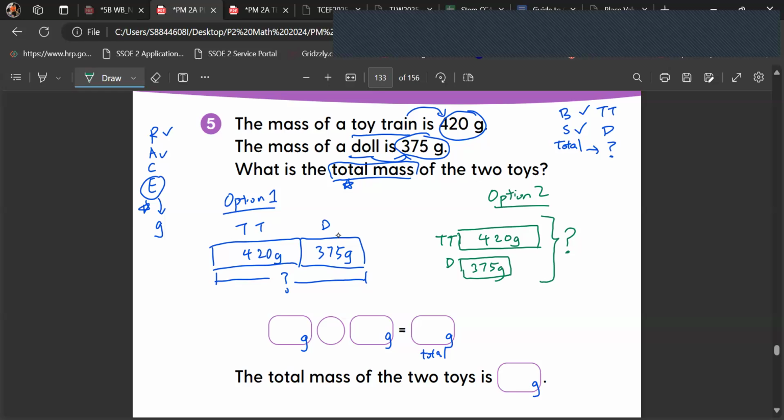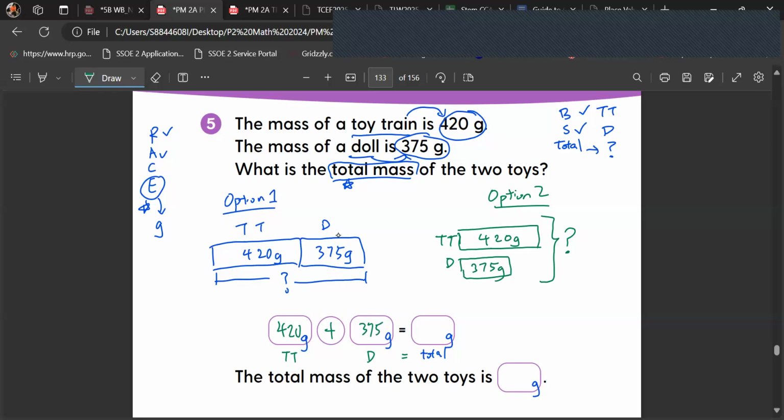So, looking at this, what do you think we need to choose? Is it plus, minus, times, or divide? Plus, that's correct. So I'll write plus here. I will have the toy train plus the doll. That gives me the total. The toy train is 420 grams. The doll is 375 grams.